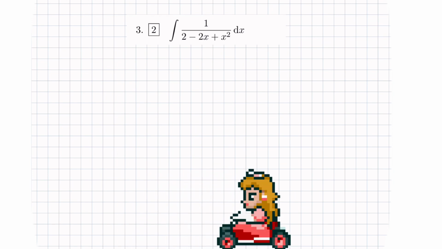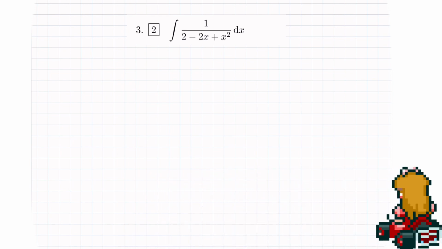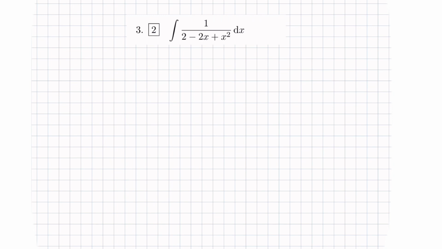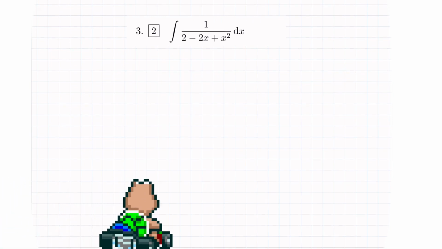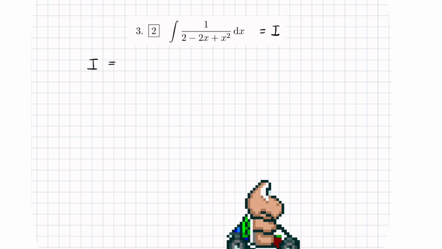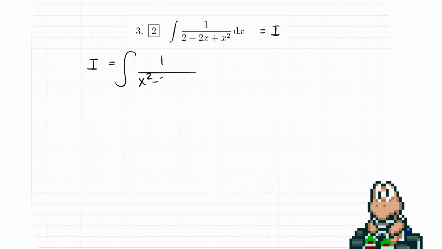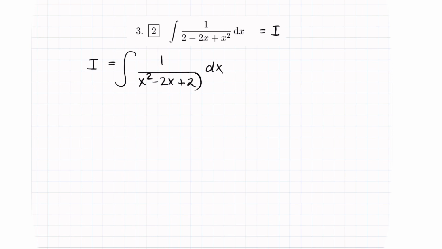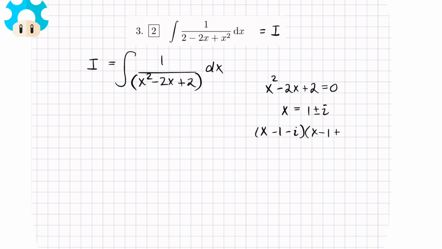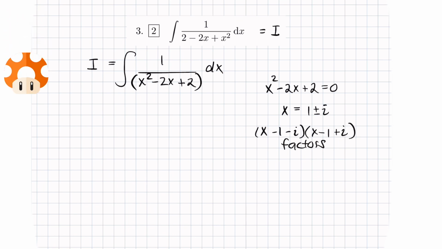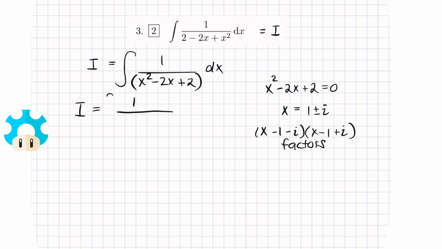All right, so we have 1 over a quadratic here. Let's call this integral again I. And what I'm going to do is first rearrange the denominator there. So I like to write it as x squared minus 2x plus 2. Now, you can try to factor this, but the roots here are complex, so the factors will look something like this: x minus 1 minus i and x minus 1 plus i.